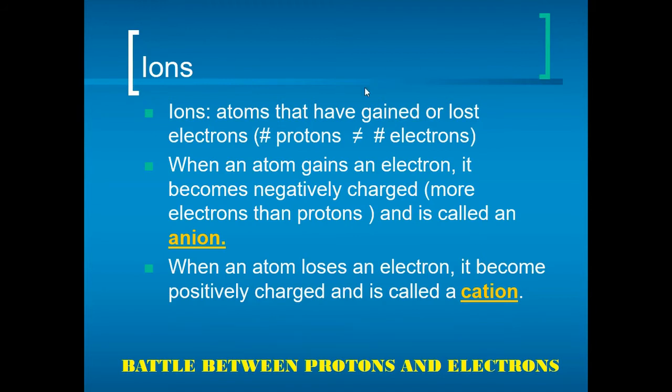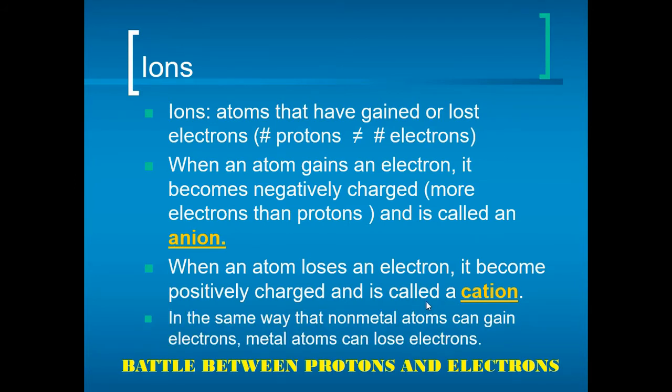And the way you remember that a cation is positively charged, if you look at the word cation, it has a T in it. The T is like a little plus sign. A cation is a plus sign. Okay? So our metals love to be cations. Our nonmetals like to be anions.